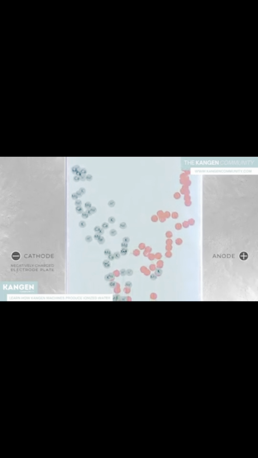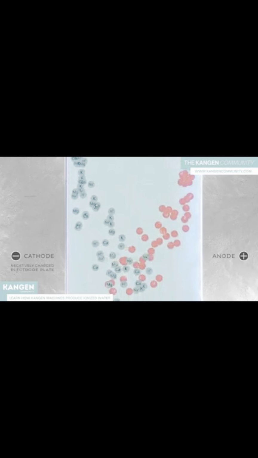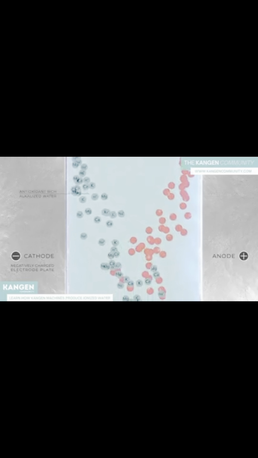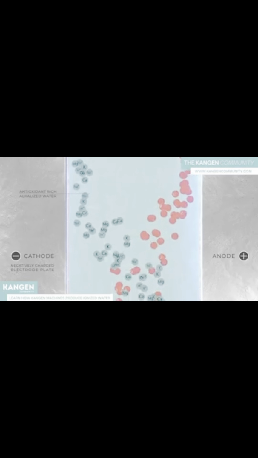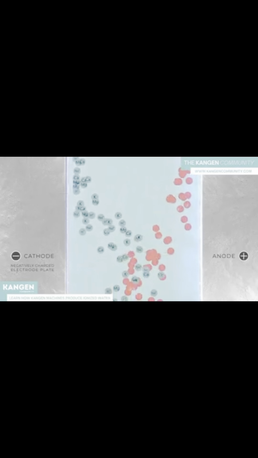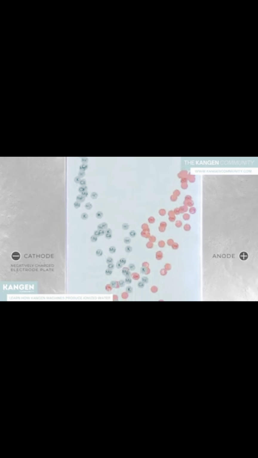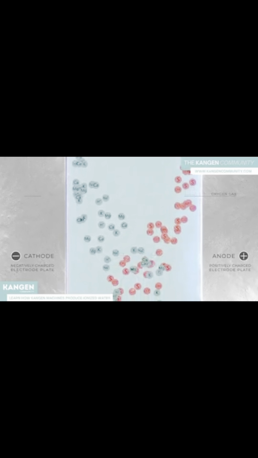Essentially, at the cathode, water is reduced to hydrogen gas and hydroxide ions, producing antioxidant, alkalized water rich in molecular hydrogen, while the negatively charged hydroxide ions, OH negative, and negatively charged minerals in the water such as carbonate and sulfate are drawn toward the positively charged electrode plates, the anode, producing acidic water and molecular oxygen. Essentially, at the anode, water is oxidized to oxygen gas and hydrogen ions.